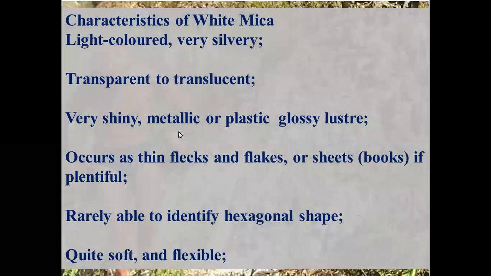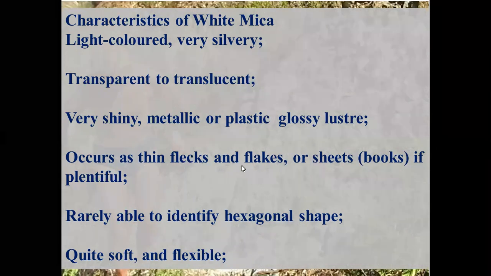Then we looked at white micas, and the white micas, as the name implies, are light colored, very silvery, probably one of the characteristic features of the white micas. Transparent to translucent, very, very shiny, metallic or plastic, glossy luster. And generally pieces of white mica will occur as thin flecks and flakes.